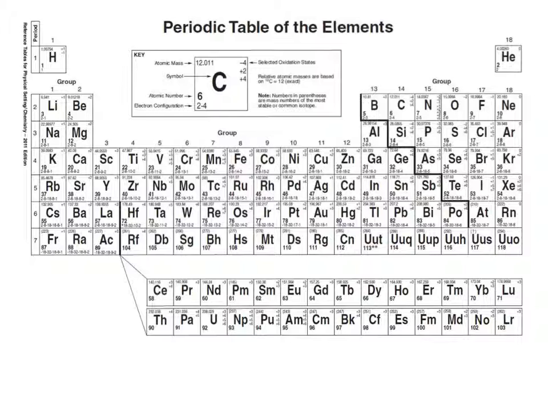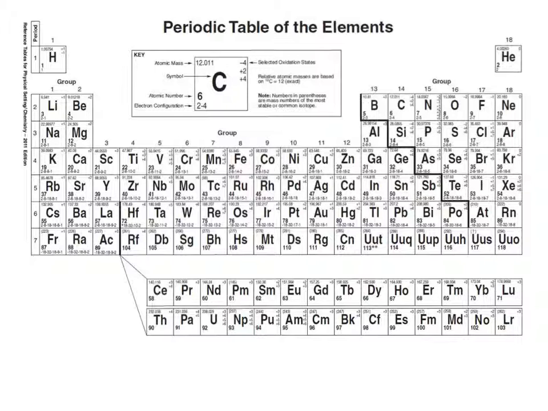If you want to look at how mass changes as you go across a period, we can just look at the masses. In general, the masses increase as we go from left to right. We also notice that the masses increase as we go down, generally speaking. So as we move down a group, the mass increases.